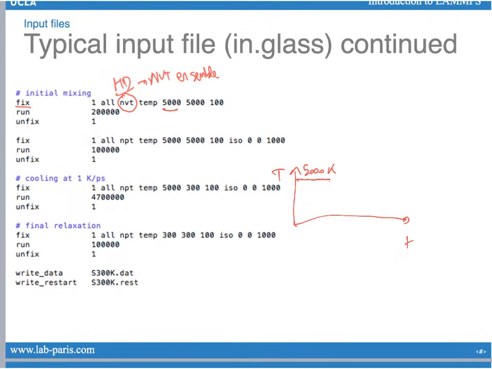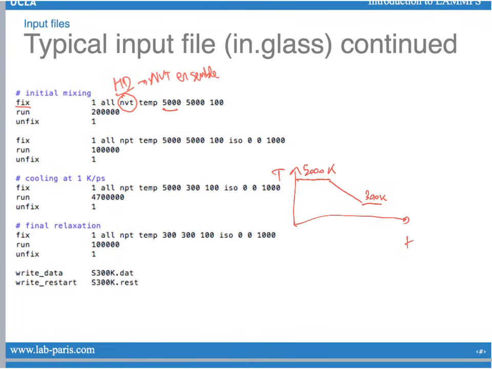Then we want to quench the system by decreasing the temperature very fast to cool the system to room temperature, but cool it fast enough so that it doesn't have enough time to crystallize. So this will be the second step. This will be the cooling stage. And finally, we want to relax the system a little bit more at 300 Kelvin, which is room temperature.